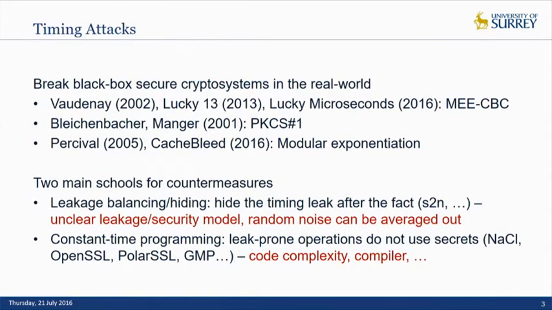On primitives like PKCS1, which is RSA encryption, you've got attacks like Bleichenbacher and Manger that were just based on measuring the time it took to undo padding, for example, and that would also break the security of the encryption algorithm.